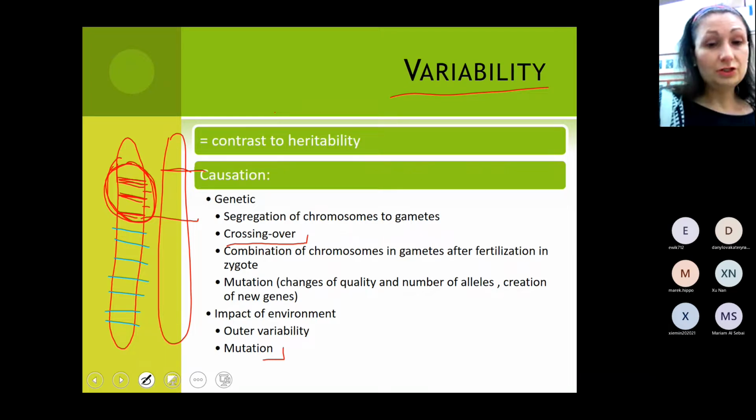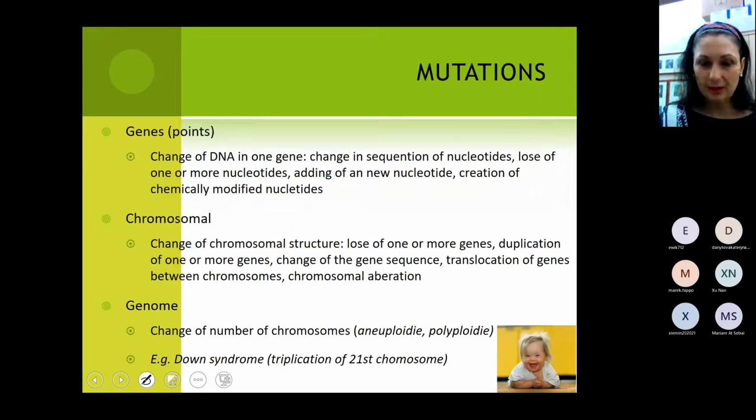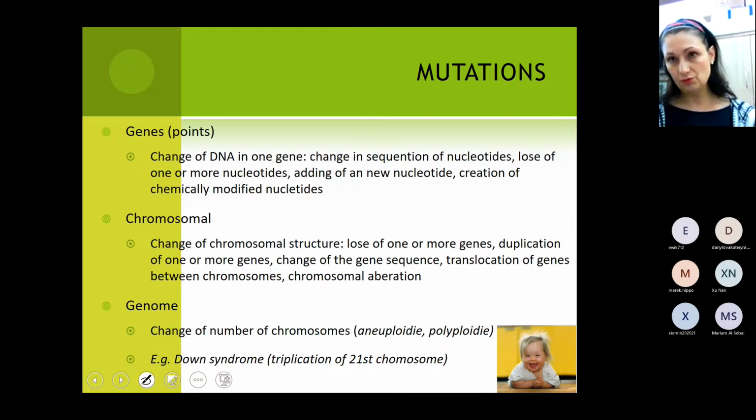So crossing over is not 100% stochastic. There are some regions of genes or sets of genes which are inherited as a package. What about mutations? Mutations are really stochastic. There are no rules which could control them and order them.